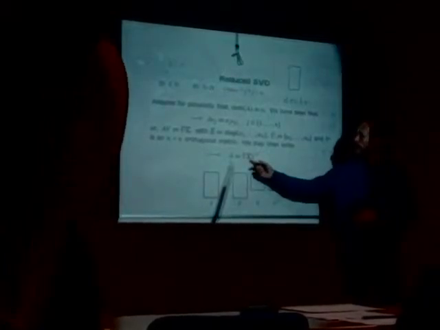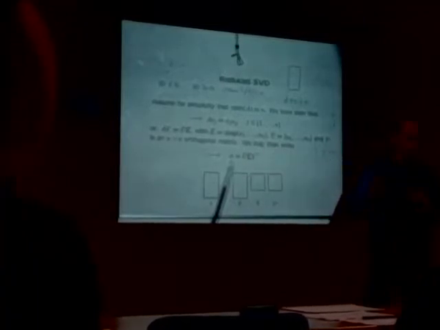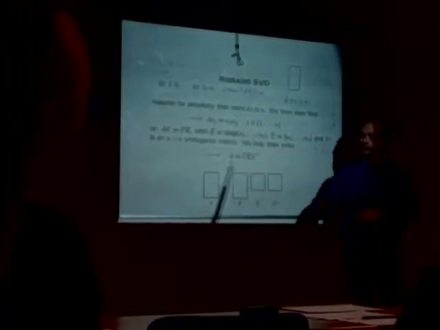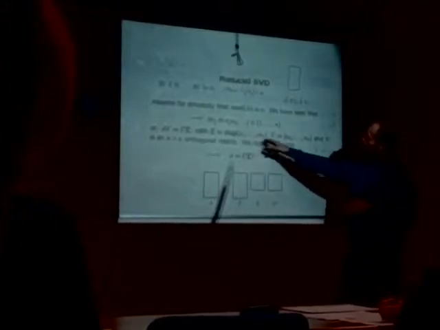This matrix sigma, I put a hat here, but let's ignore it. This matrix sigma is a diagonal matrix which is n times n, and the diagonal entries are the singular values.